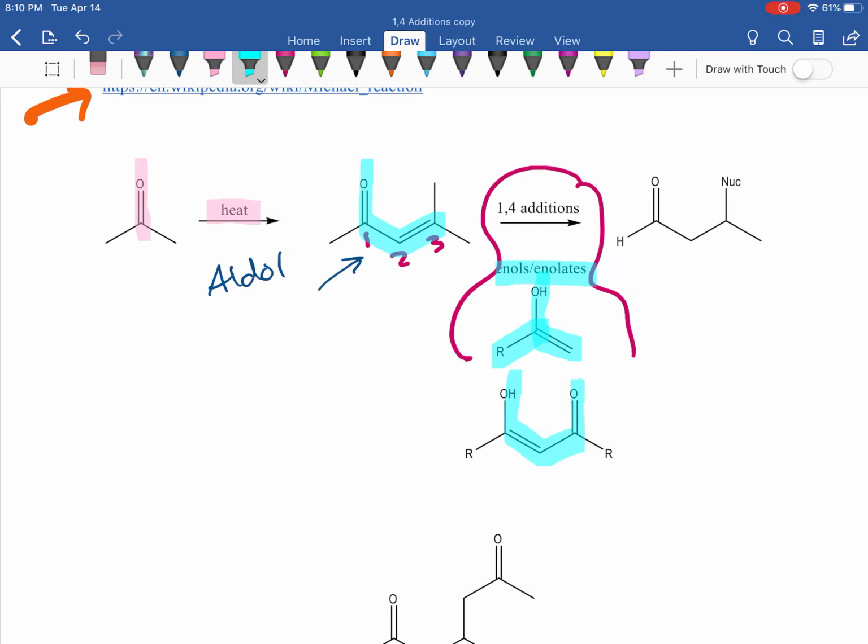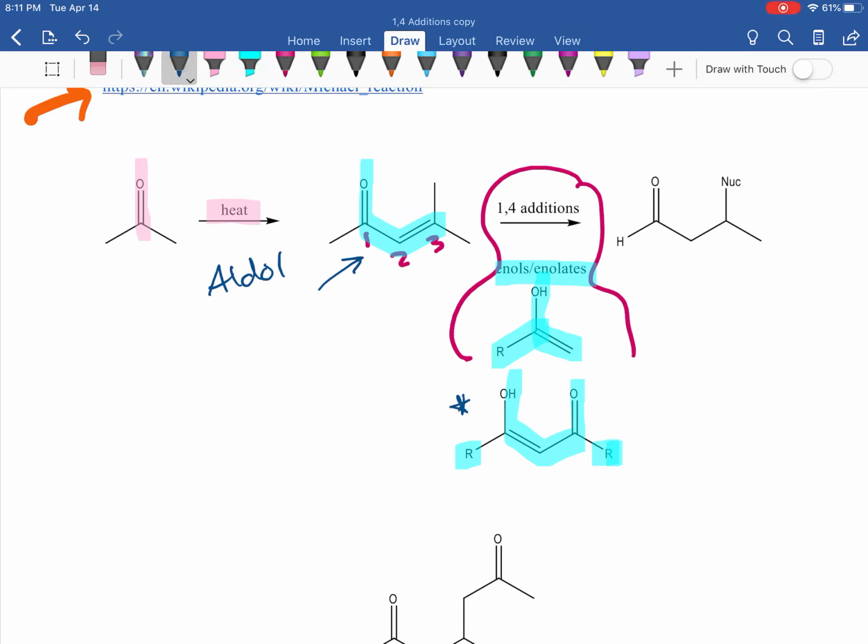They can also be from a diketo compound, and then we will get big enough to see where these could also be esters. So the source of enols and enolates are actually going to grow in our Michael reaction, but let's start with the most basic and just see what that process is. So that's the one that we just drew.